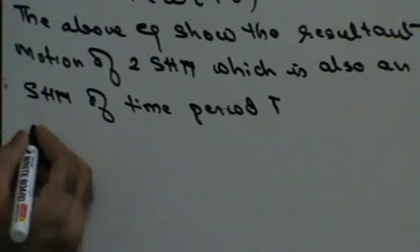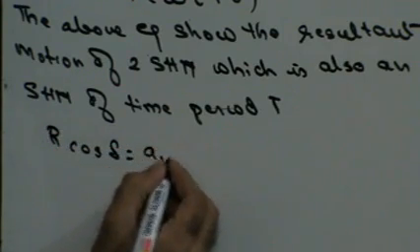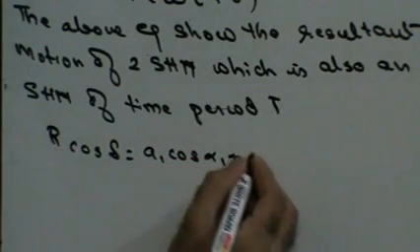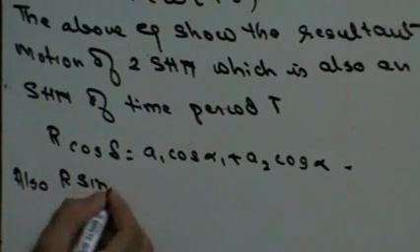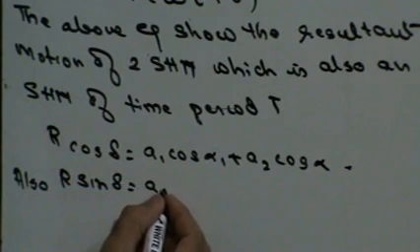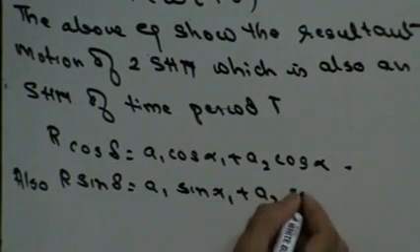Now we know that R cos delta is A1 cos alpha 1 plus A2 cos alpha 2. Also, we know that R sin delta is A1 sin alpha 1 plus A2 sin alpha 2.